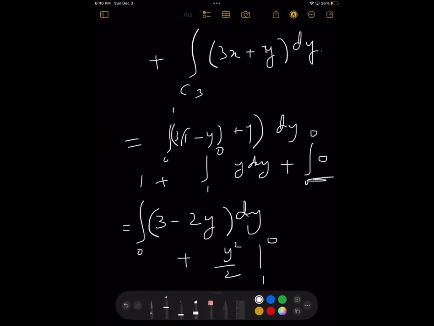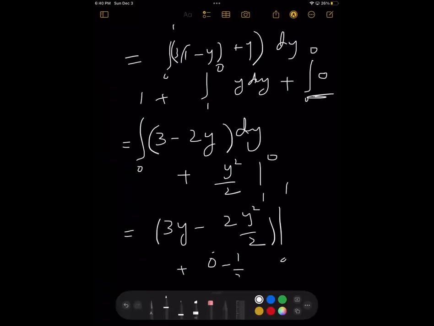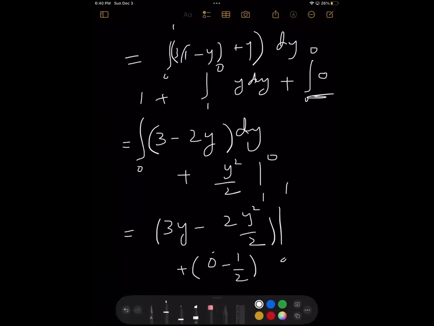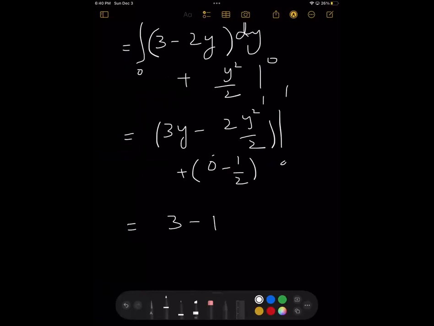So this will become 3y minus 2y squared by 2, 0 to 1, plus 0 minus 1 over 2. Solving it, we get 3 minus 1 and minus 1 over 2. So it is 3/2.